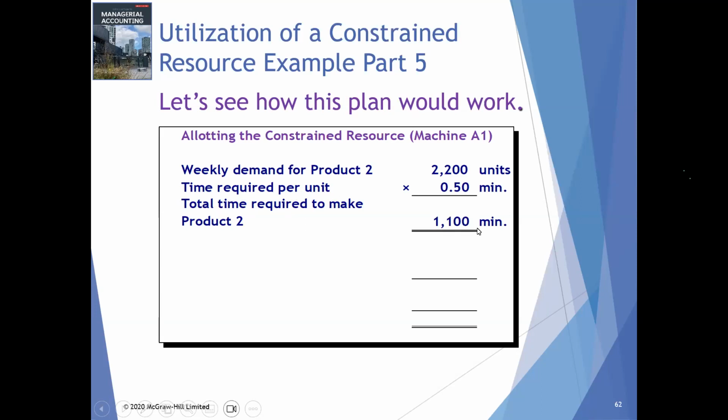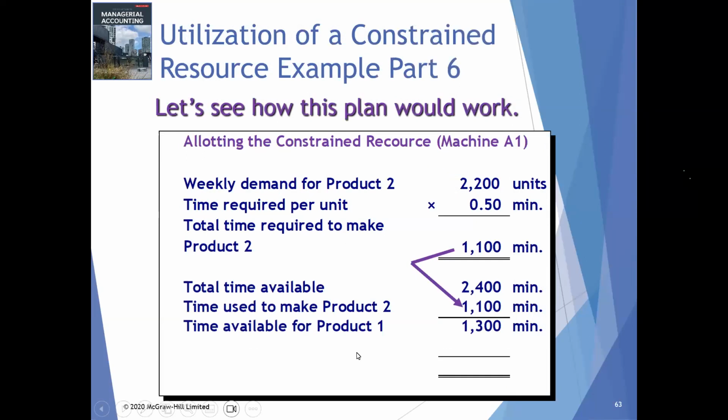It means 1100 minutes are required in this case to produce and to meet all the demand. And what is the time available for the other product, product 1? The total time available we know is 2400 minutes. 1100 minutes are used for product 2, and the rest of the time, 2400 minus 1100, is 1300 minutes, which will be available for product 1.